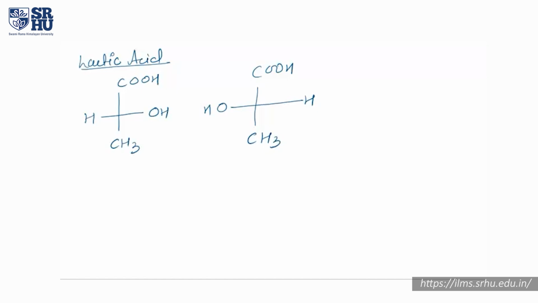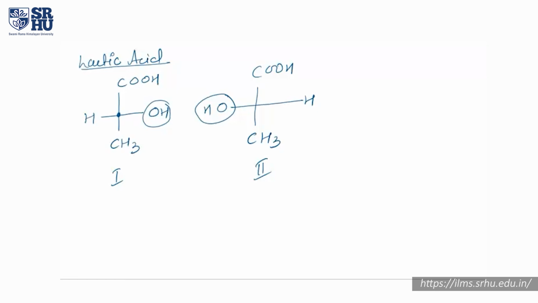This one is our enantiomer number 1, and the second one is our enantiomer number 2. These two are optical isomers. They have different configuration around the chiral center, as you can see, because OH is on the right hand side in the first, whereas OH is on the left hand side in the second.